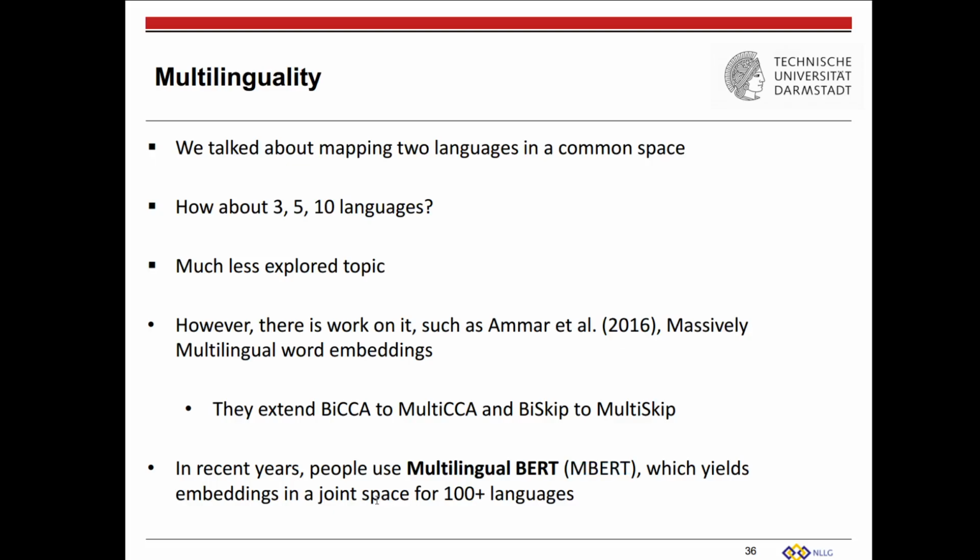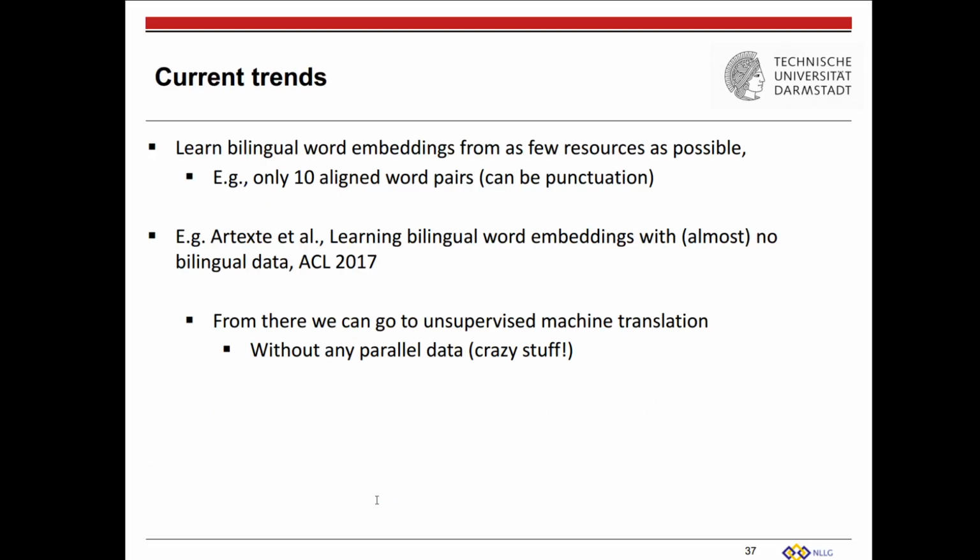We have more than 100 languages, and the embeddings are really in a cross-lingually joint space. I will not go into the details of how multilingual BERT is doing that, but keep in mind that we have this big opportunity of having BERT available in a shared joint space across approximately 100 languages.